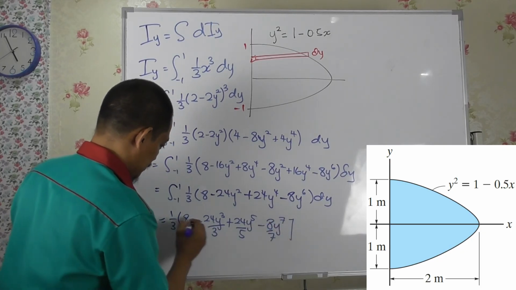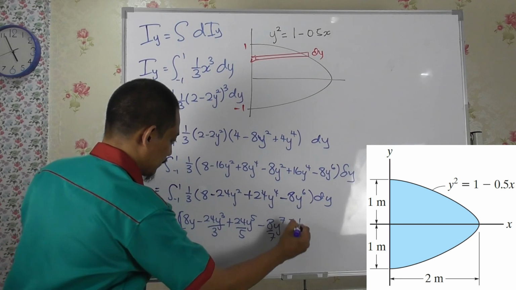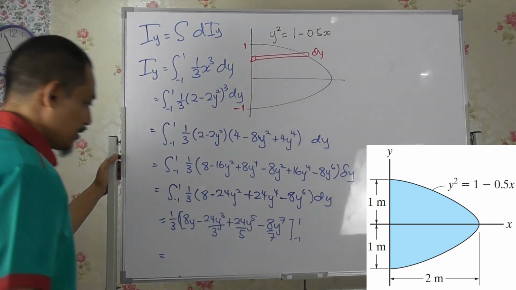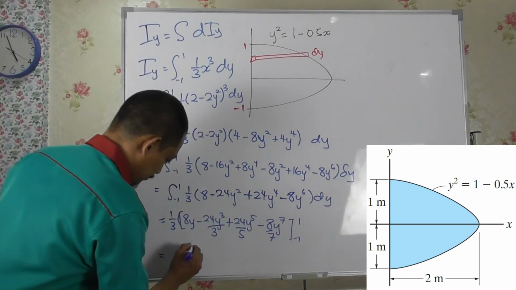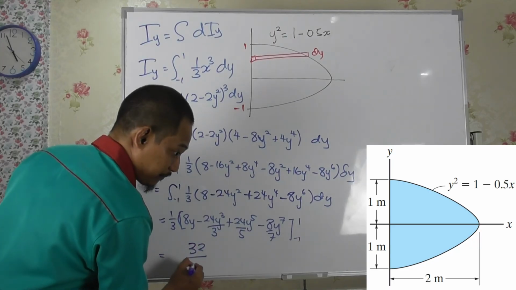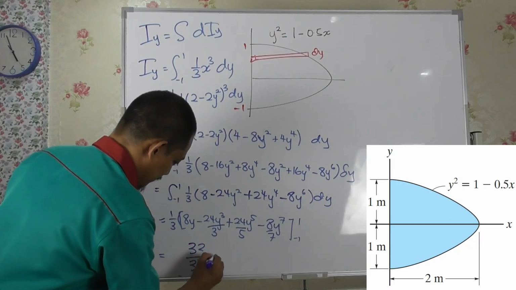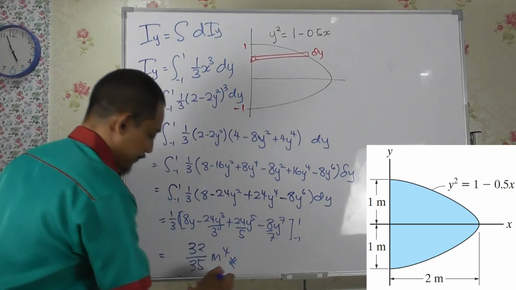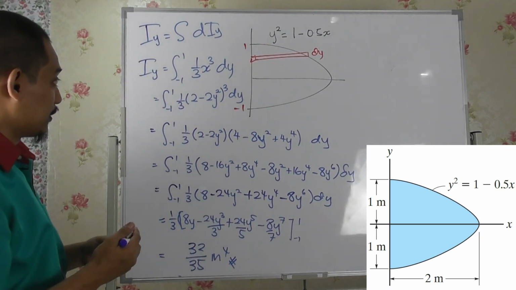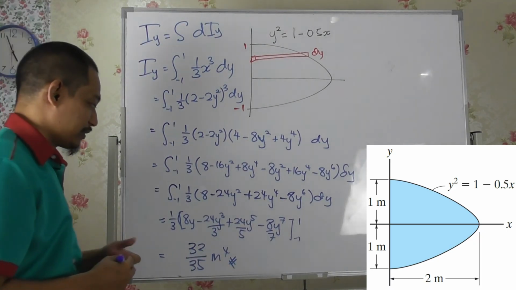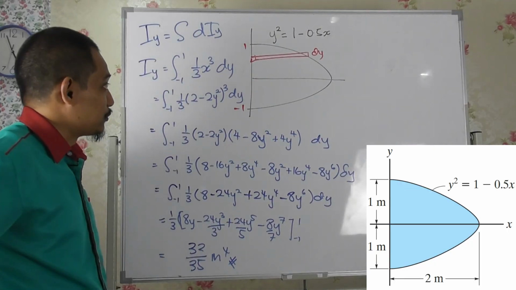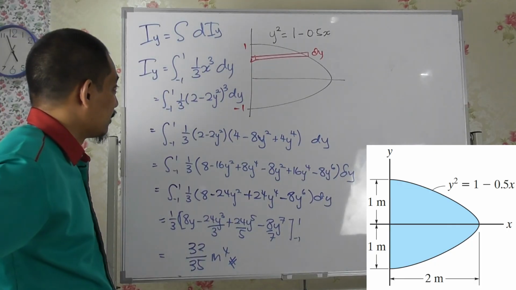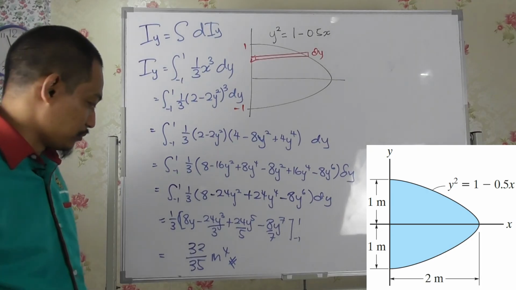This one all is the limit from -1 to 1. So if you plug in the values, you get 32 over 35 meter to the power 4, right? So yeah, that will be the answer. Of course, if you want to try to use a vertical element, you can try as well. The answer should be the same, right?